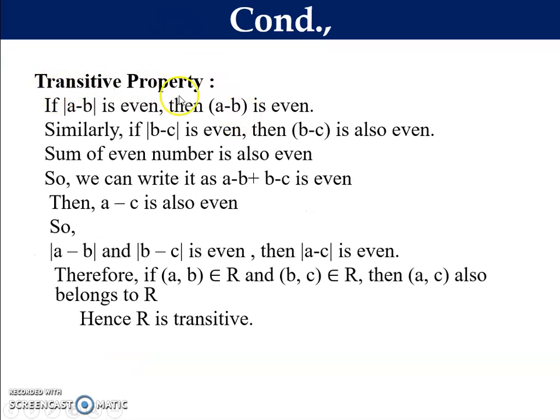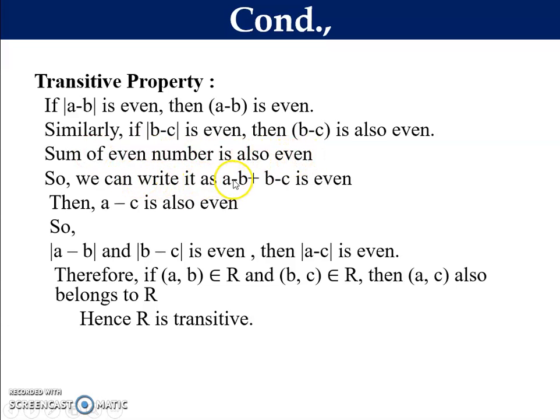The last one is the transitive property. If |a − b| is even, then a − b is even. Similarly, if |b − c| is even, then b − c is also even. The sum of even numbers is also even.